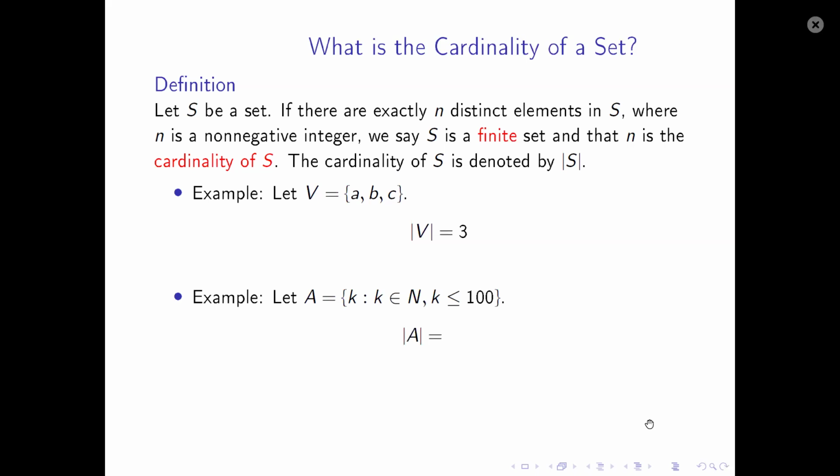Remember that this n right here is all the natural numbers starting at 0. So that means this is all the numbers up to 100, including 0. If it was just from 1 to 100, that would be 100. But because there is that 0 in there, this is a typo. That should be 101.